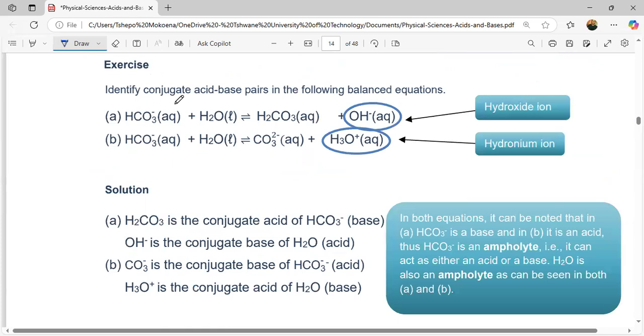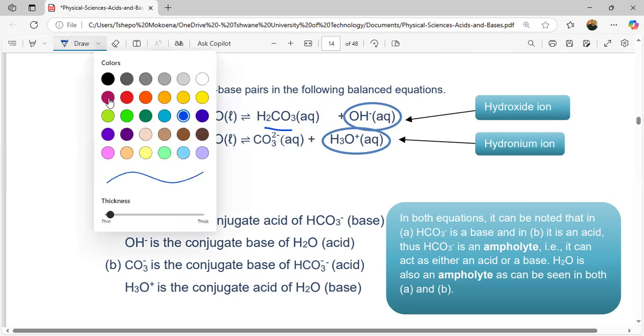Even here, they say identify conjugate acid-base pairs in the following balanced equation. So they want you to look for the pairs. For number A, you have this one, and you can see literally this one will tend to be this one.